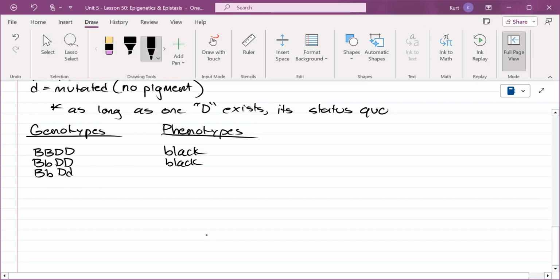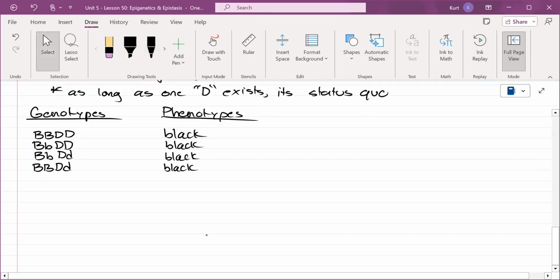So are there any dominant Ds? So status quo. What's the fur color? Great. What's the genotype for the fur color? Homozygous dominant. Do you see any dominant Ds? All right, status quo. Black.